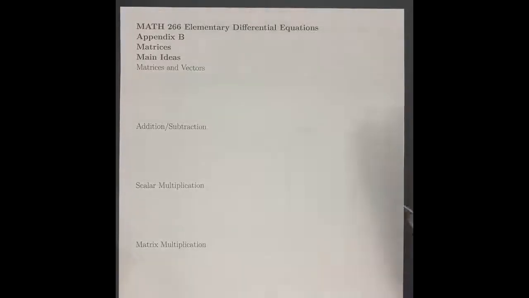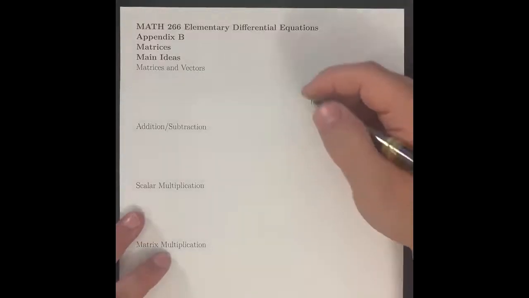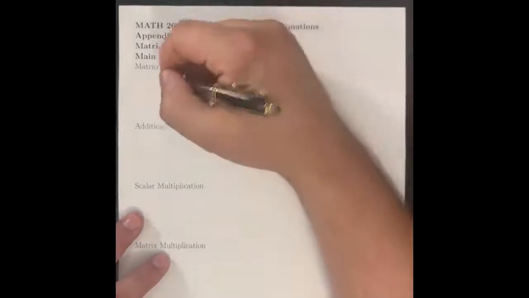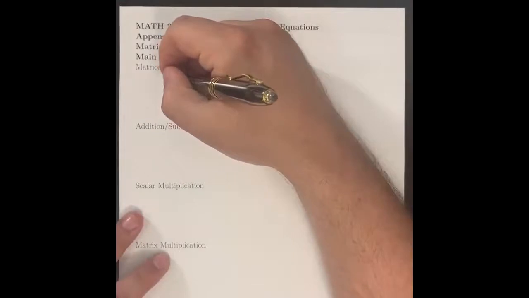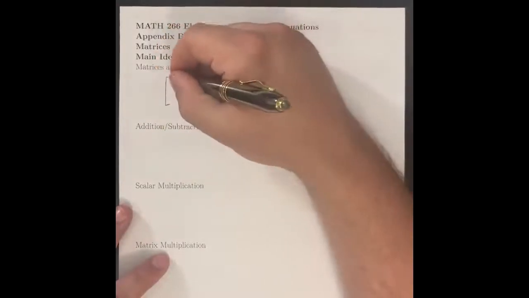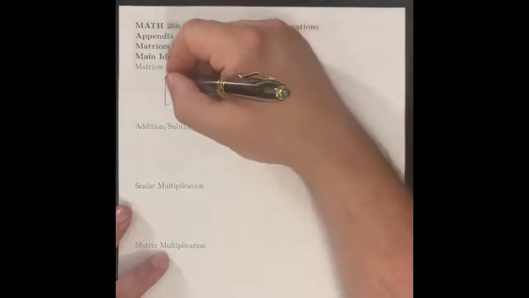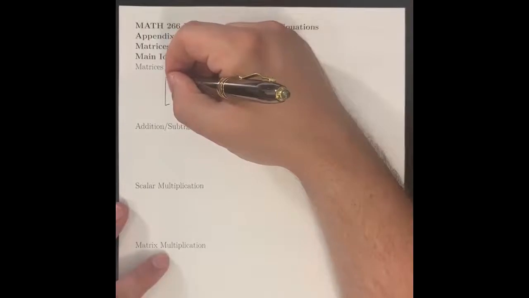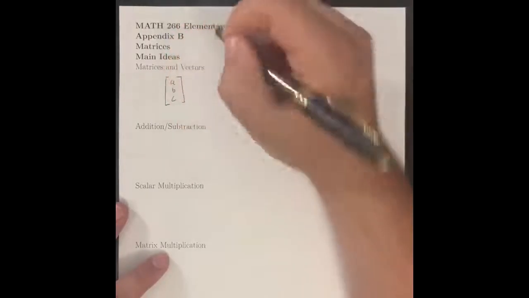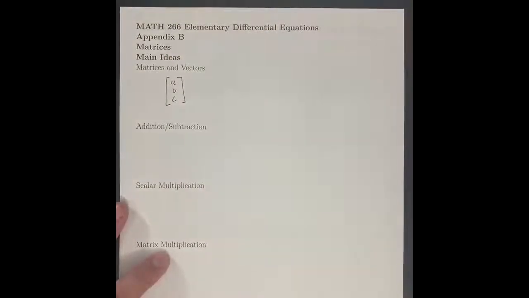Okay, so first off, what is a vector? What is a matrix? So a vector, we're going to think about it just as a list of values or equations. You can have variables in here as well, numbers. Something like this would be a vector, and a, b, and c could just be numbers.